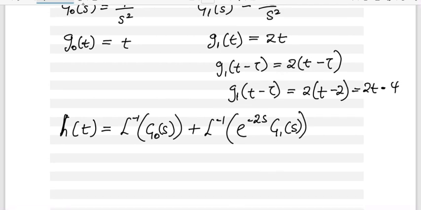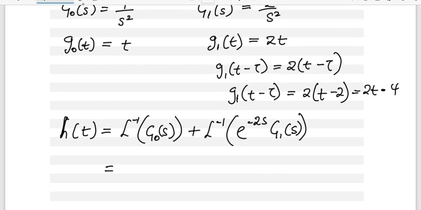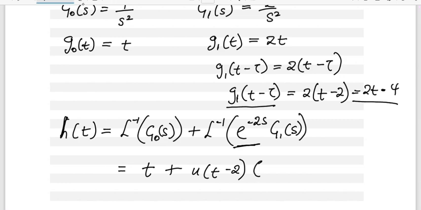And this we know already to be g naught(t), and this we've already established, this is the shift, so this will be u(t minus 2) times g(t minus tau). Our g(t minus tau) here is 2t minus 4, and this is the inverse of that function.